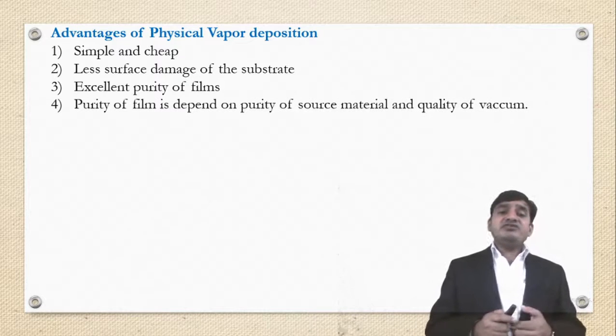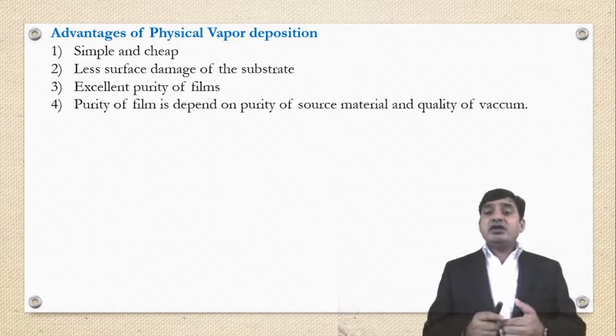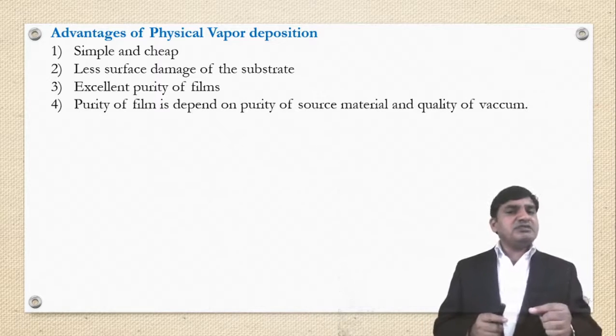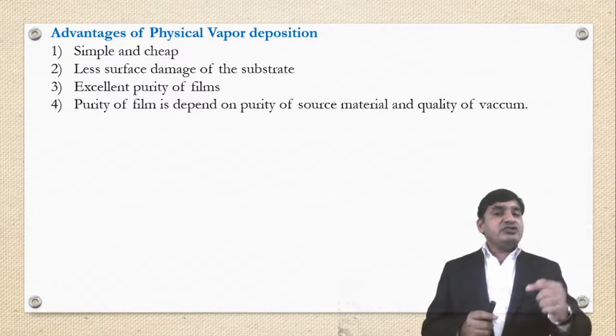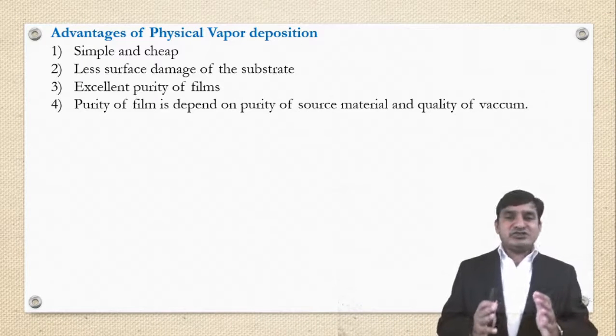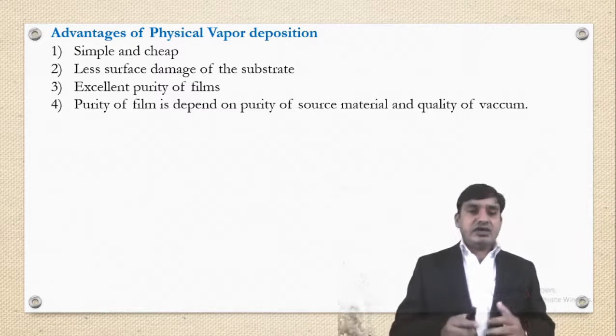The purity of films depends on the purity of the source material and the quality of the vacuum. If the source material is pure, then the film prepared by using physical vapor deposition is also pure, and on the quality of the vacuum.